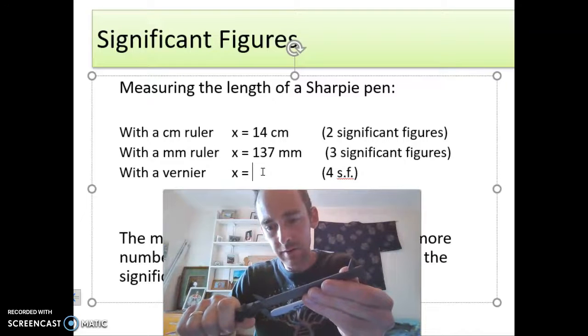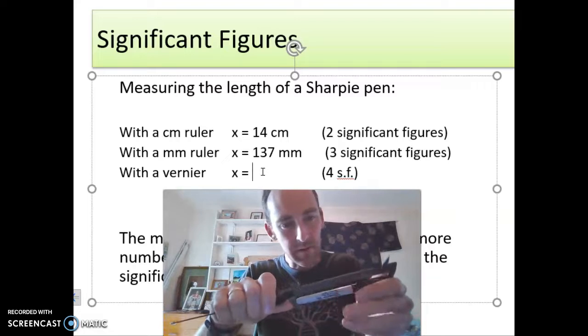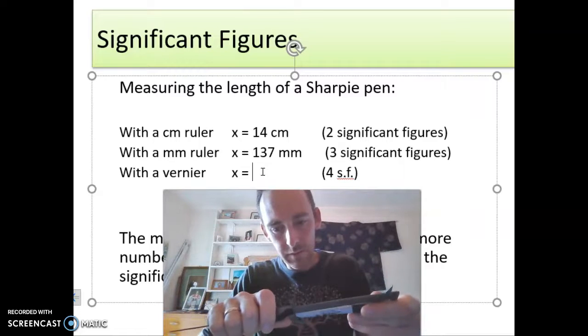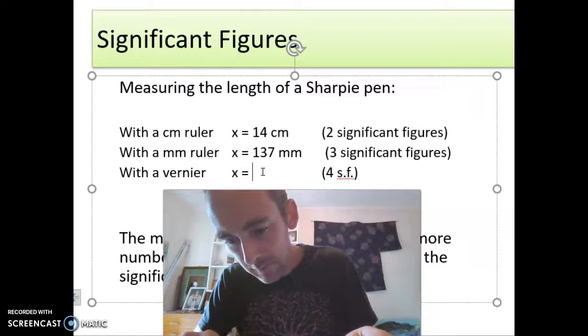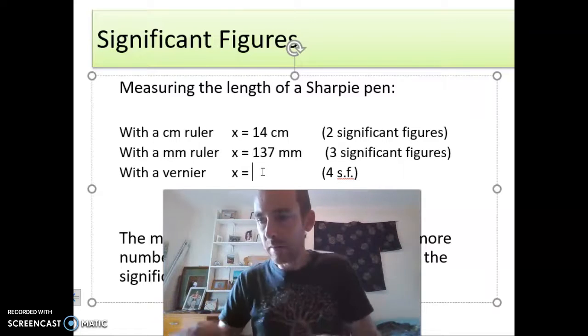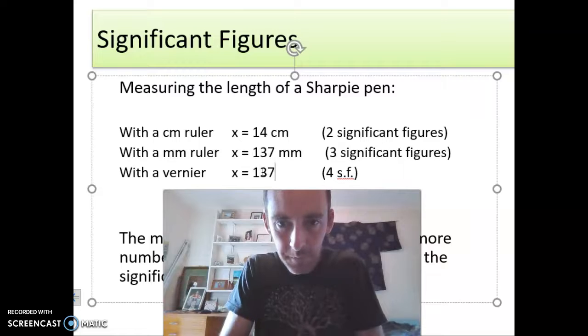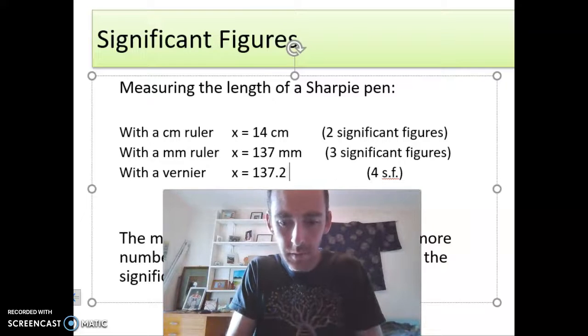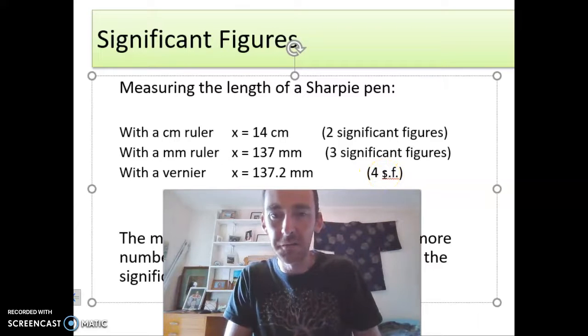So if I put that in there, and I measure the length, right, I get a length of 137.2 millimeters. So that number is 4 significant figures, or 4SF for short.